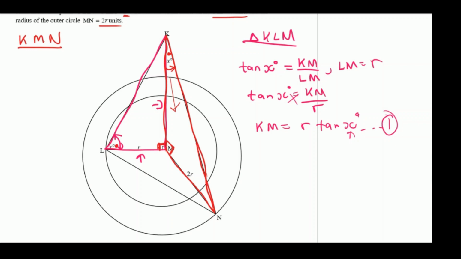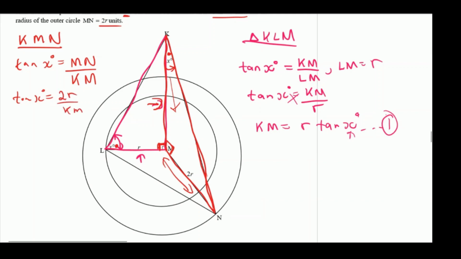So tan of x degrees is equal to the opposite side, which is MN, over the adjacent side of the angle, which is KM, this side here. We know MN is this side, which is 2r, so tan x degrees is equal to 2r over KM.